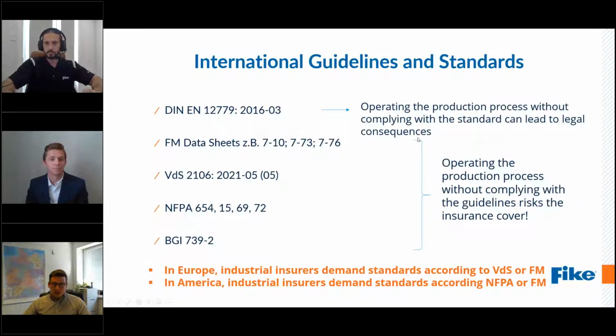The next guidelines are some FM data sheets, VDS guideline 2106, some NFPA guidelines, and the BGE 739. Operating the process without complying with these guidelines will risk your insurance cover if you have a fire in your company.